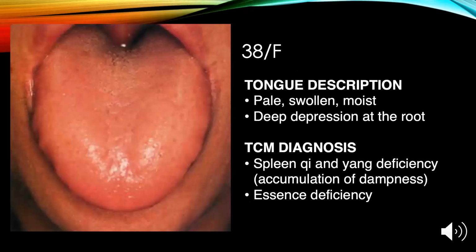Next, we have a 38-year-old female whose tongue looks pale, swollen, moist, deep depression at the root. TCM diagnosis: spleen qi and yang deficiency with accumulation of dampness, essence deficiency.